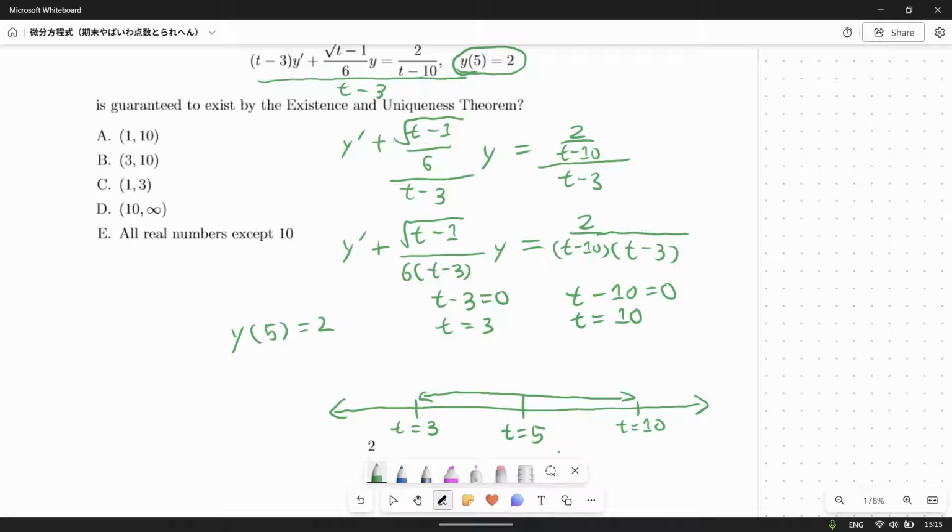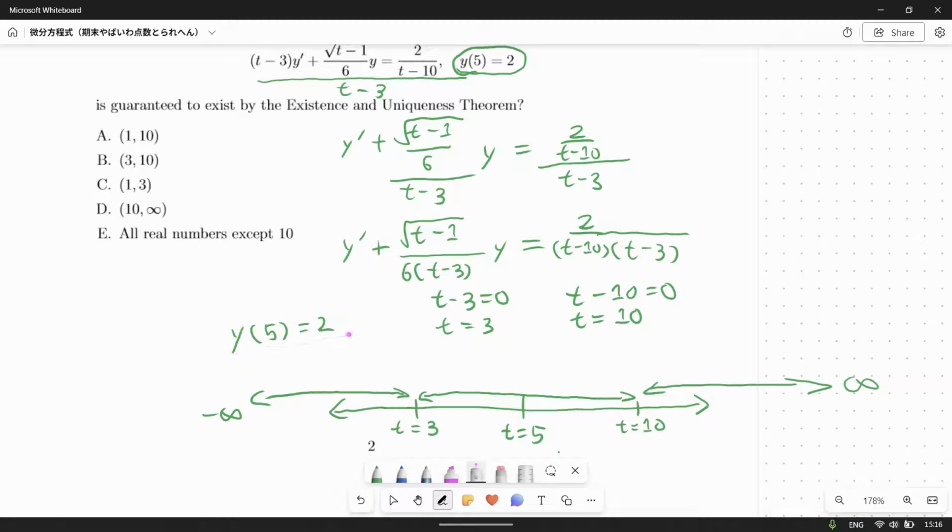Now, you might be thinking, there are other places where there's an interval where the solution is guaranteed to exist. For example, beyond 10, technically speaking, yes, you can say that beyond 10, all the way to infinity, that's also an infinite interval where a solution is guaranteed to exist. And then you can also say that there's an interval here going to negative infinity. The reason why those intervals are not valid is because those intervals are not connected to our initial condition given to us here.